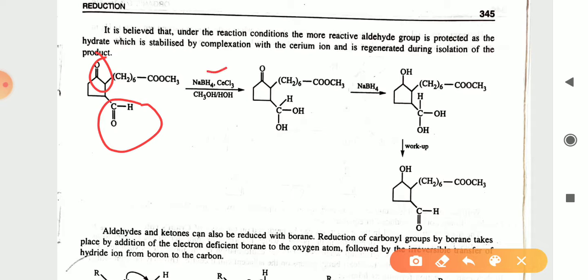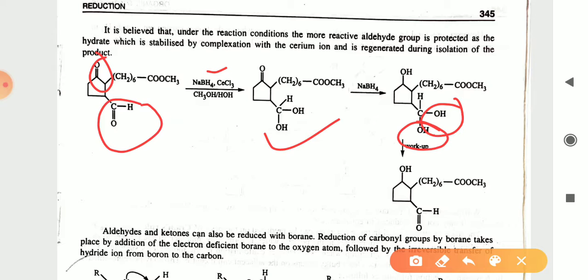In presence of sodium borohydride, cerium chloride and methanol, it will reduce the C double bond O of the aldehyde group over here, by addition of one OH group. You can see the OH group over here.